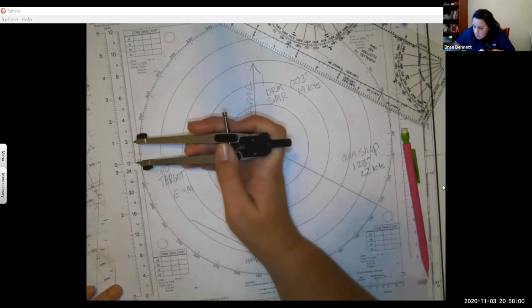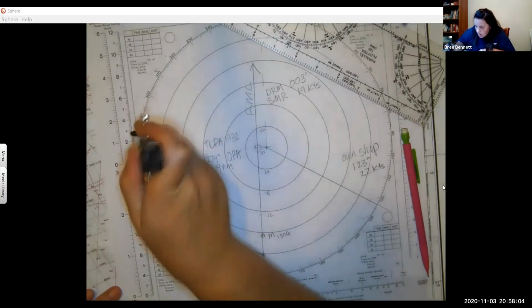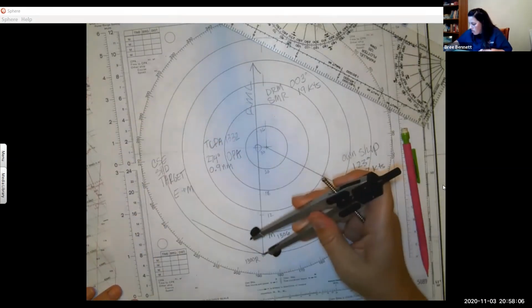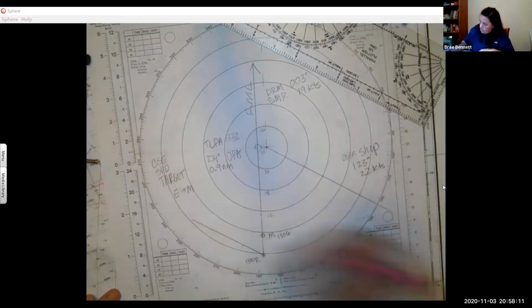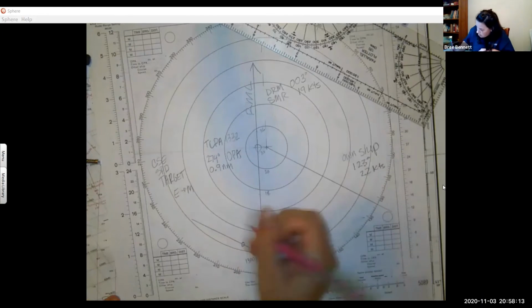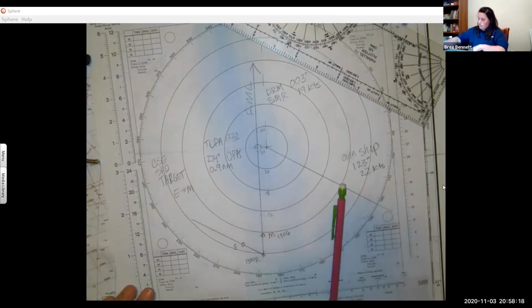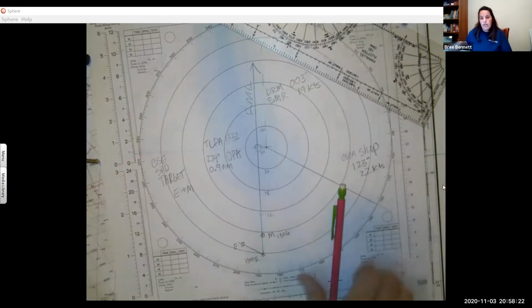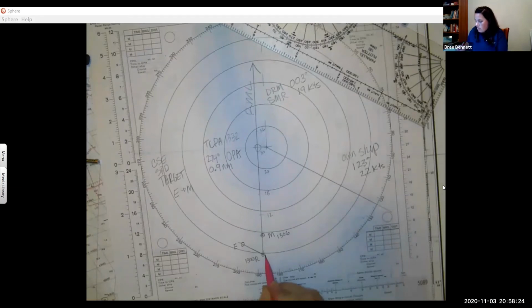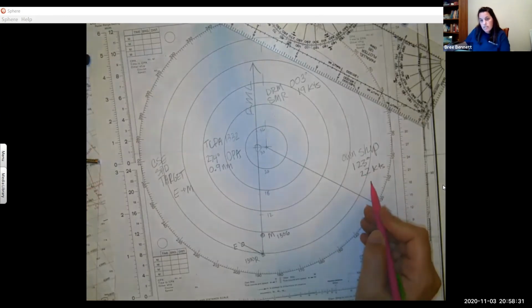So I'm going to get 2.2 and go from R. Distance here is 2.2. So here is my E. So I have E to R. This is the direction of 1, 2, 3 at 22 knots.